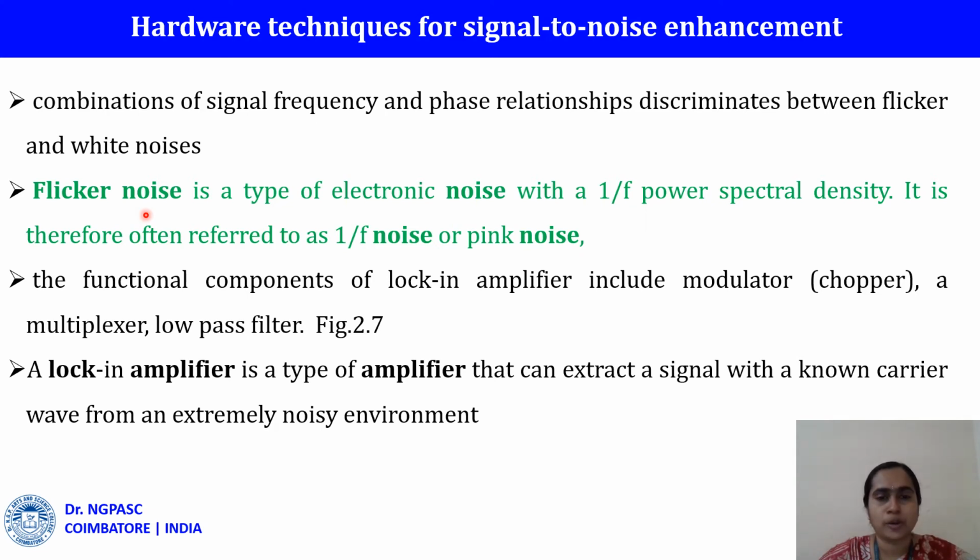The functional components of a lock-in amplifier include a modulator, which is also a chopper, a multiplexer, and a low-pass filter. Okay, we can view it in figure 2.7. The lock-in amplifier is a type of amplifier that can extract a signal with a known carrier waveform even in a noisy environment.